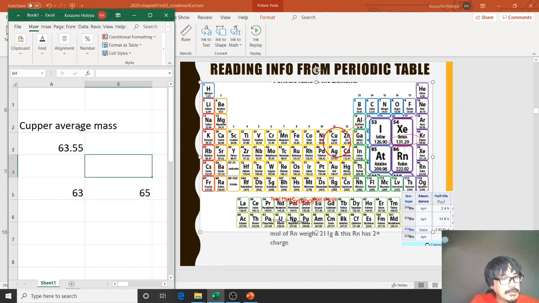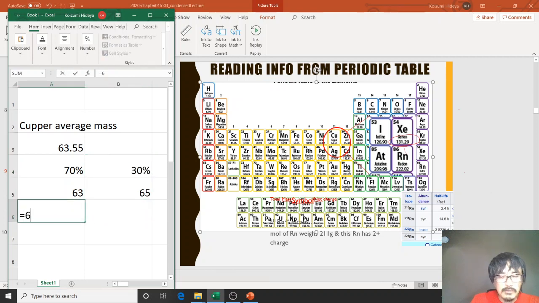I believe that the split was 70-30%. So this one is 70%, and that one is like 30%. Then the average mass is going to be 63 times 0.7 plus 65 times 0.3.